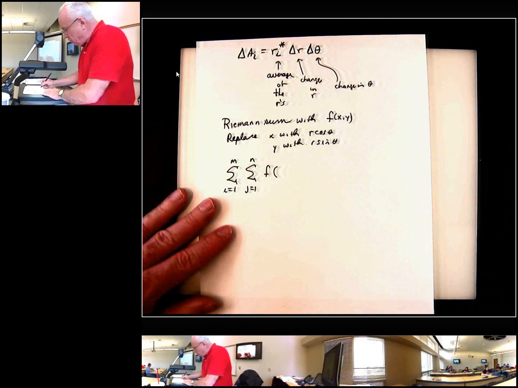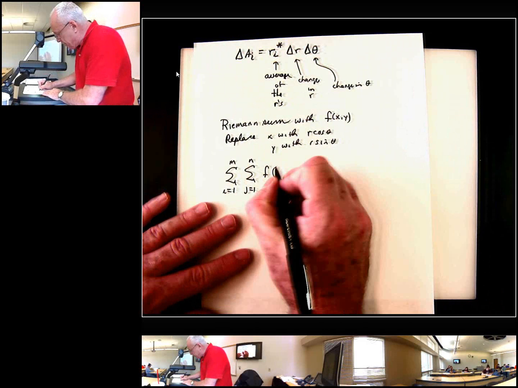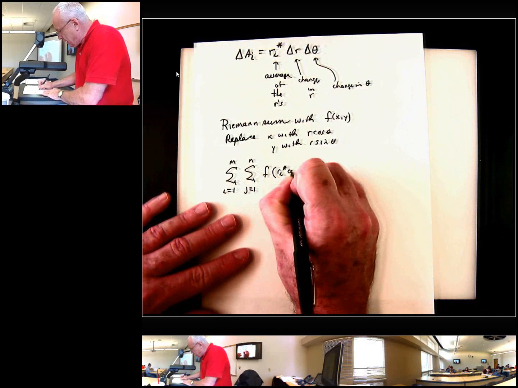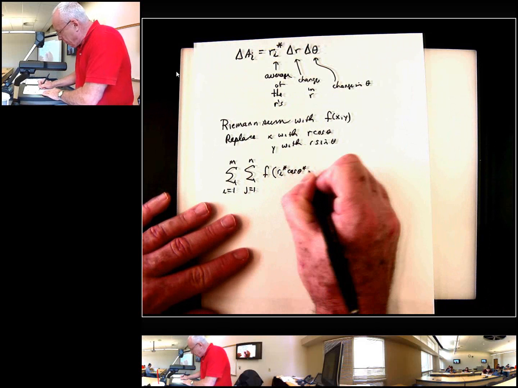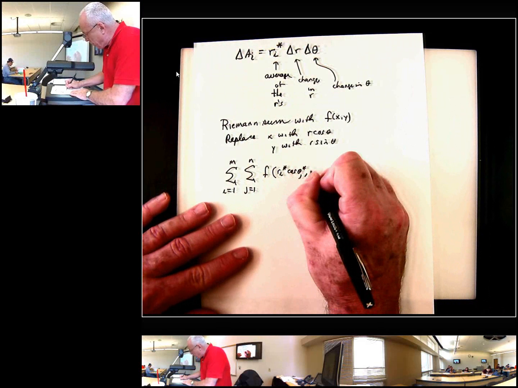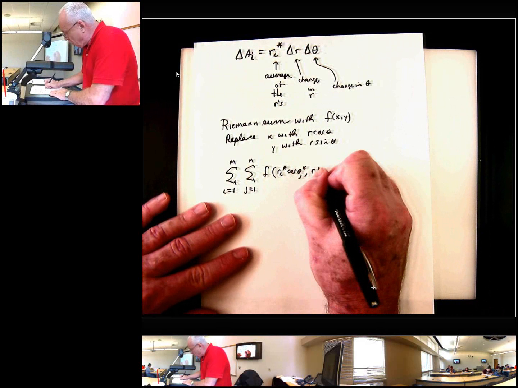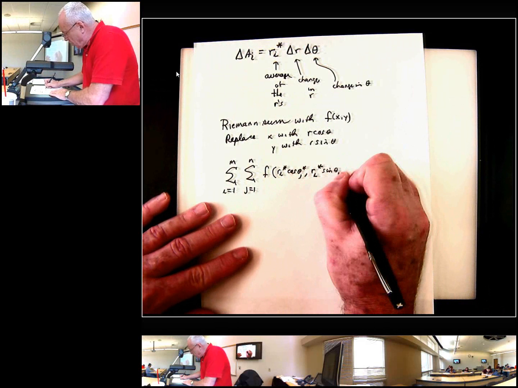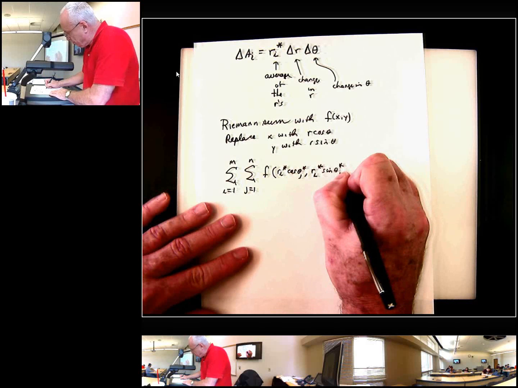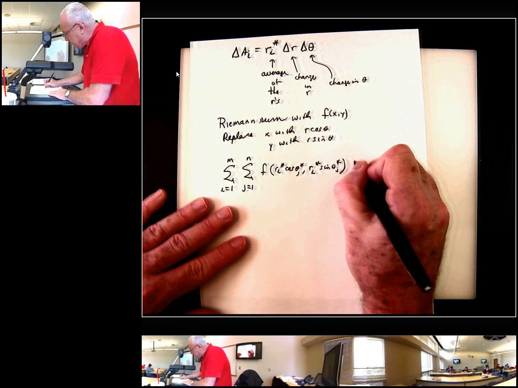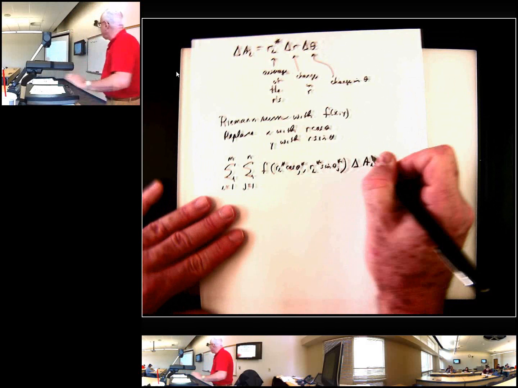So we're evaluating it at, for x being r_i star cosine theta_j star, and then y would be r_i star sine theta_j star. Okay, that's the center point, times the change in that small area there.